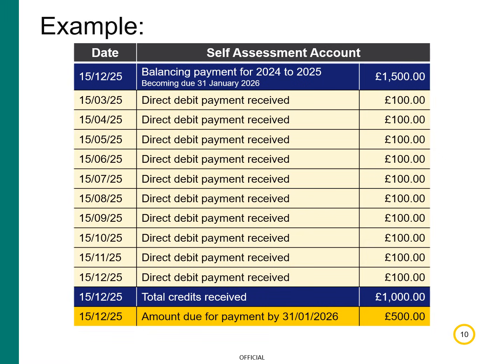Anything left to pay must be paid by the 31st of January 2026 to avoid any late payment penalties and interest charges. So, in our example, on the 15th of December, the amount left to be paid is £500. If a further direct debit is paid on the 15th of January, that will leave £400 to pay by the 31st of January 2026.